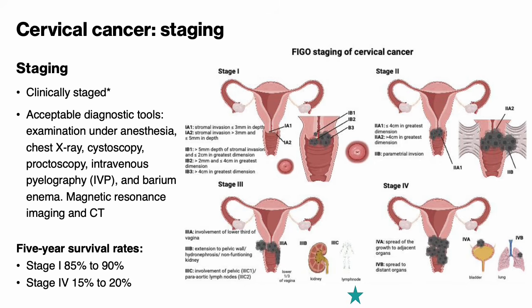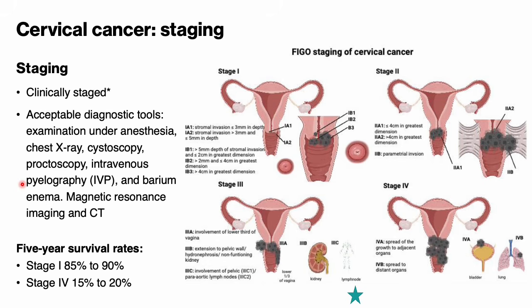And then staging, we talked about how this can be clinically staged. Acceptable tools are exam under anesthesia, chest x-ray, cysto, and we can use MRI and CT scan. The clinical staging was largely due to the fact that this is a leading cause of cancer in developing nations where many diagnostic tools are not available.